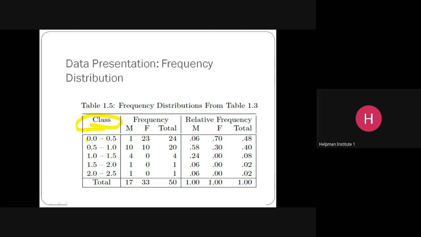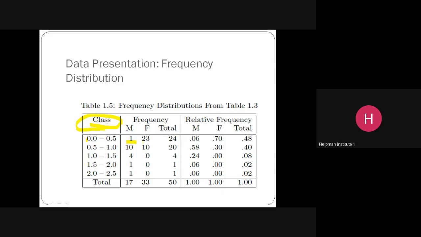Under that class interval, we see that we have the frequency for male, which is 1, and then the frequency for female, which is 23.